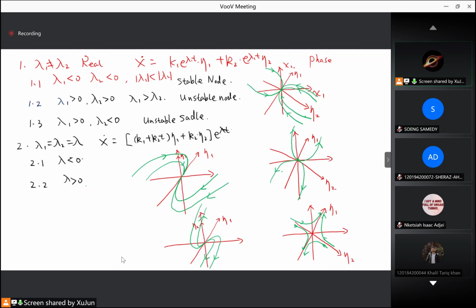So this figure is for this case, and this figure for this case, this figure for this case, and this figure for this case.